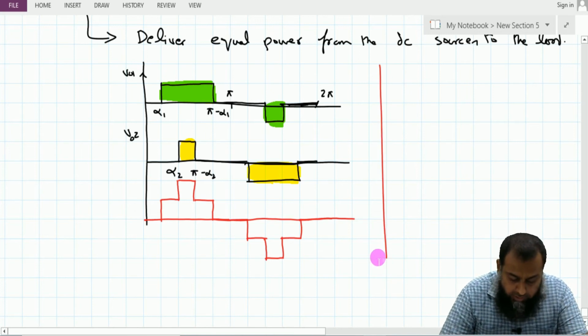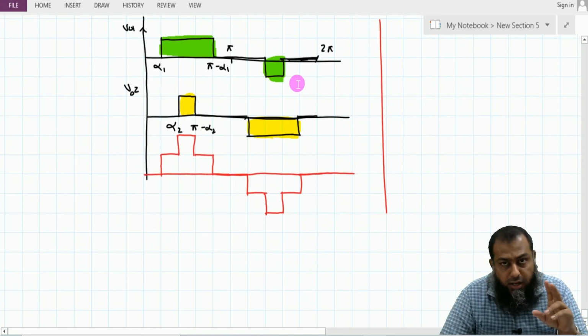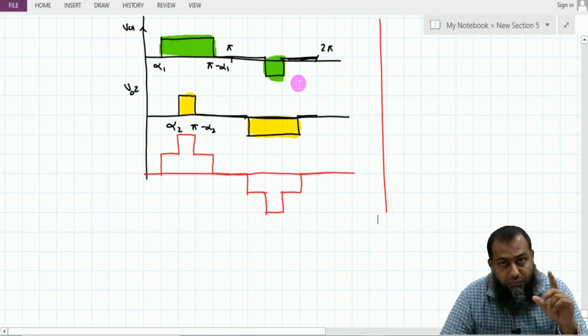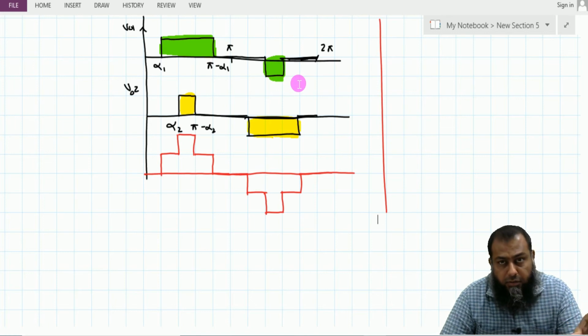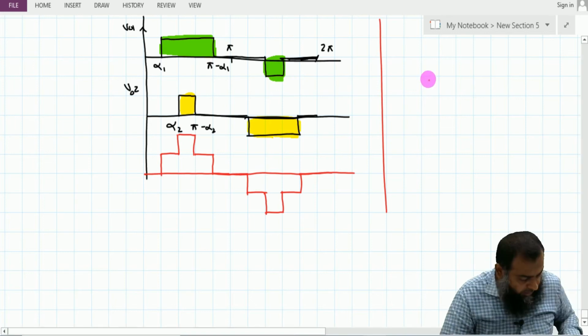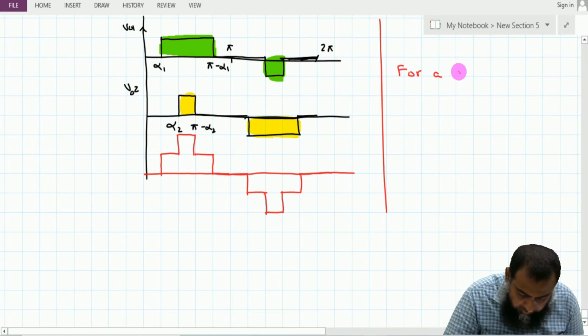If we want to implement the same pattern swapping scheme for a circuit with 5 different independent voltage sources, then it will require 5 cycles for the power to be equally shared among the sources.